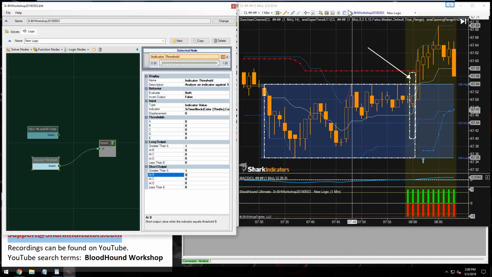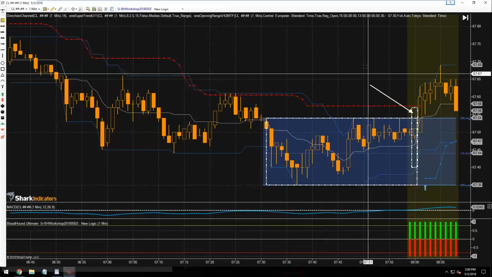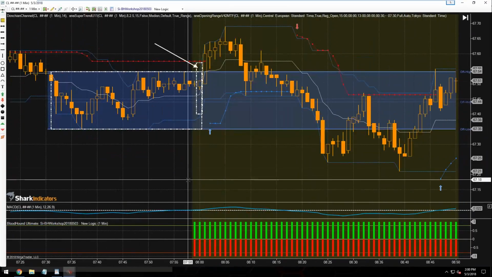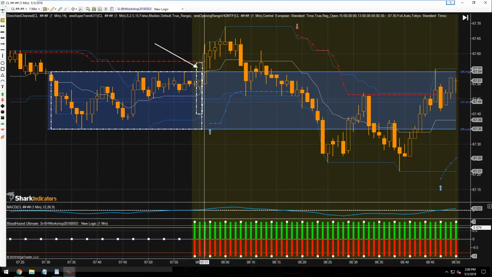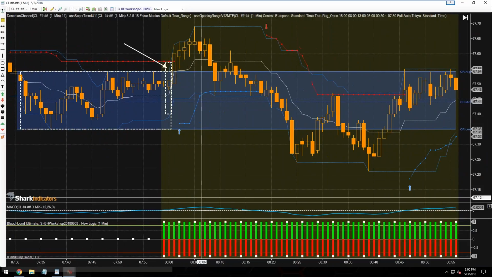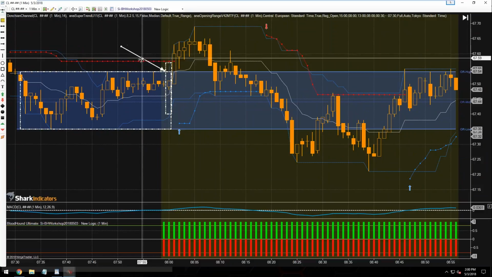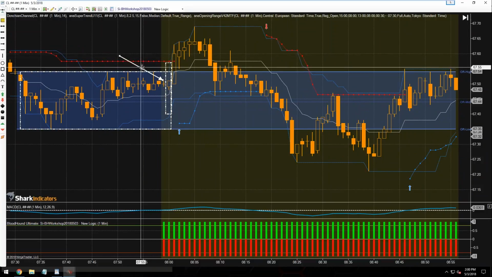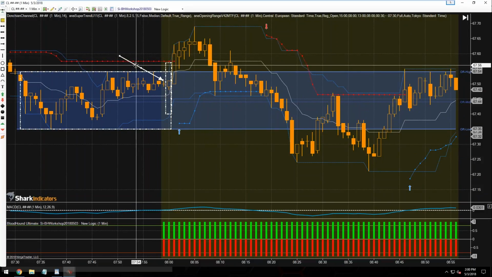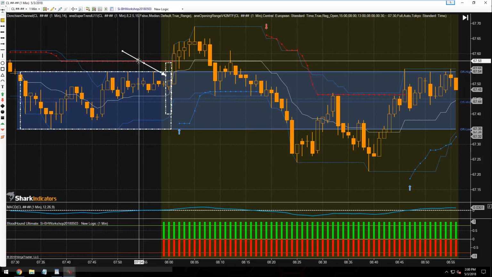All right, yeah. So if we look at BloodHound's output, it's outputting between 7:59. So actually what I had marked was the 8 o'clock bar.